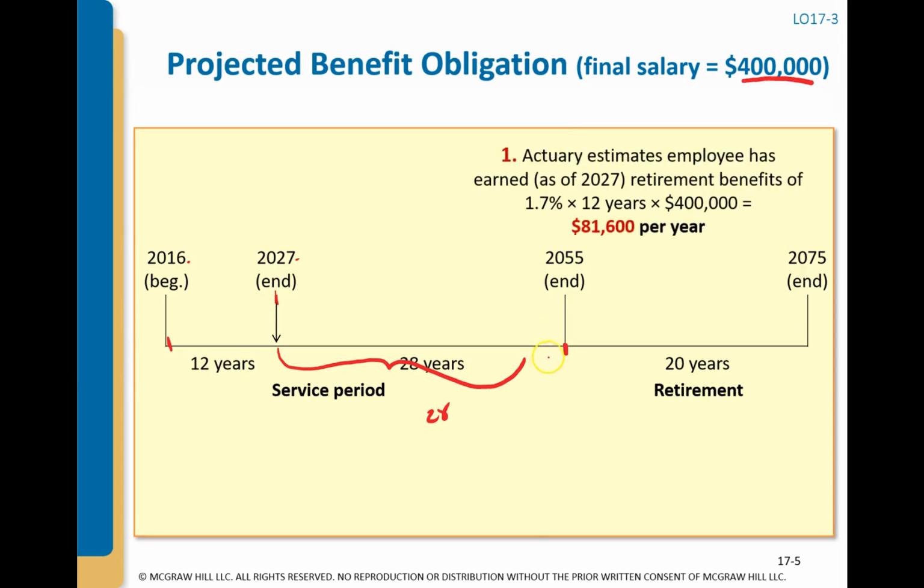The way we calculate the PBO, if you're not familiar with how it's calculated, there's a separate video for that, so I'm going to go really quickly. Step one is you take the estimate of the payments they're going to get each year from retirement: the percent we're given times years of service, which is 12 years, times the estimated final salary.